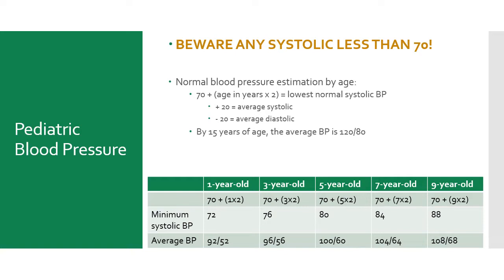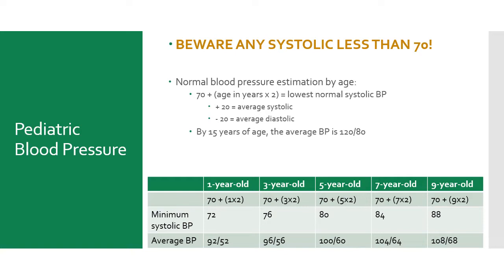I just mapped some of this out for you so you could look to see what it looks like. A 1-year-old would be 1 year times 2 plus 70, which gives us a minimum systolic blood pressure of 72 and an average blood pressure of 92/52. And then you can look at the rest of that chart. By the time we're 9, our blood pressure is about 108/68, and our minimum systolic blood pressure should be about 88.